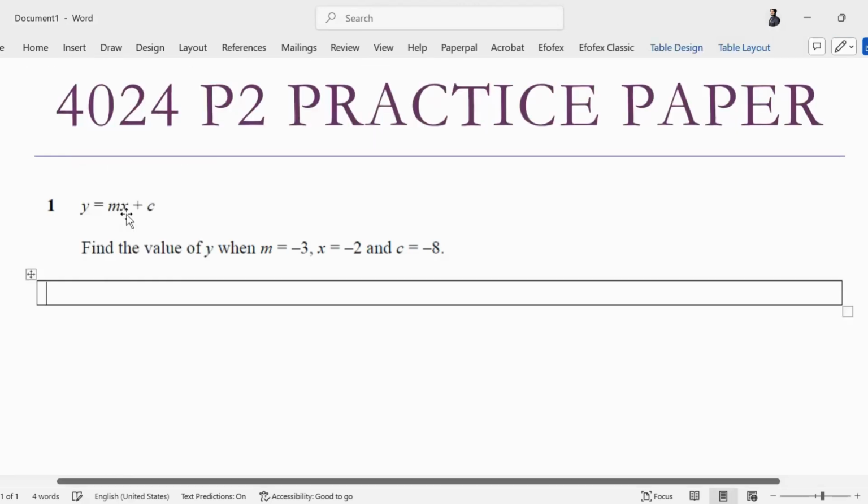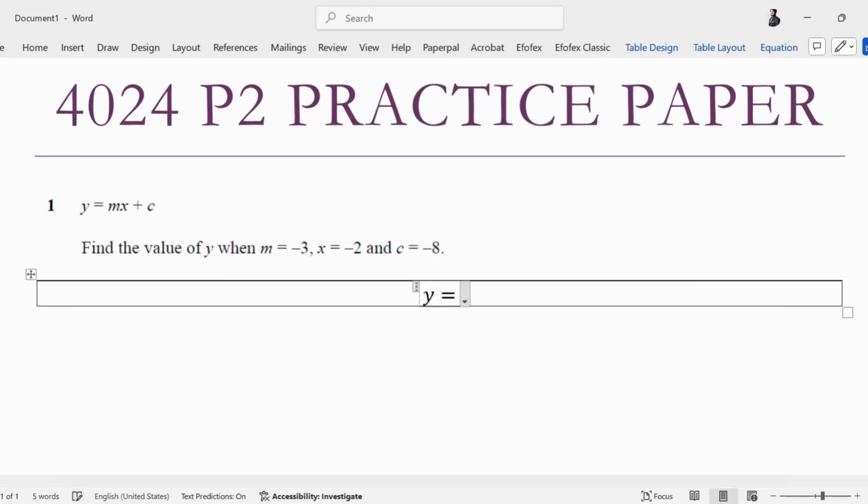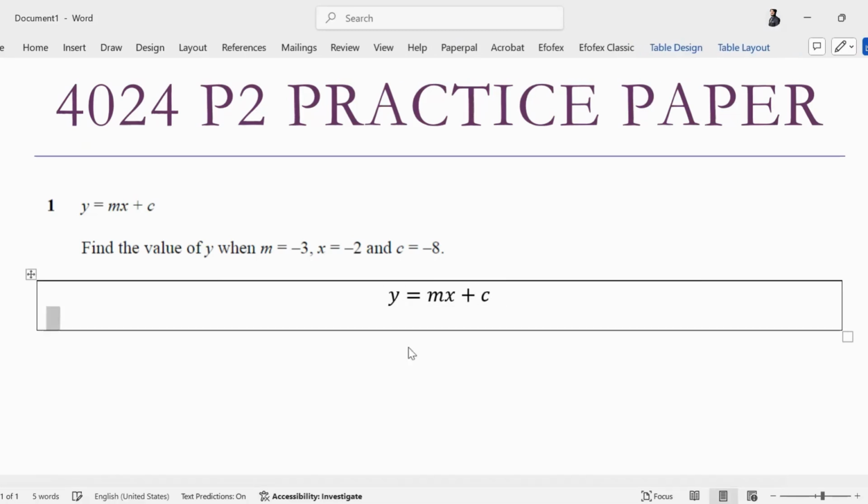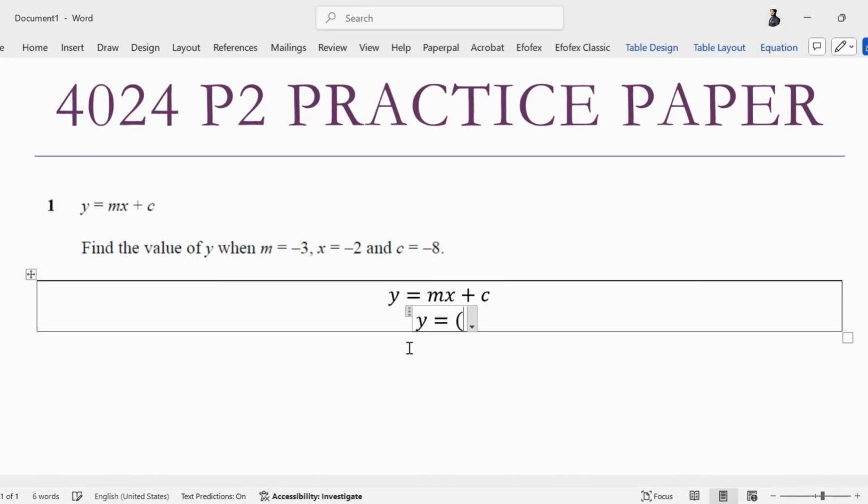y is equal to mx plus c. Find the value of y when m is -3, x is -2, and c is -8. So we just need to plug in the appropriate values in place of the variables. I need to find y when m is -3. Whenever you plug in, especially a negative value, put it in brackets. x is -2 and c is -8.